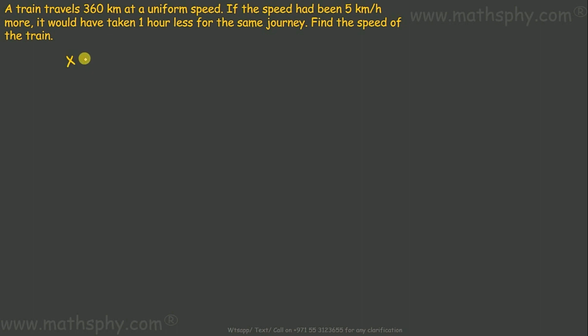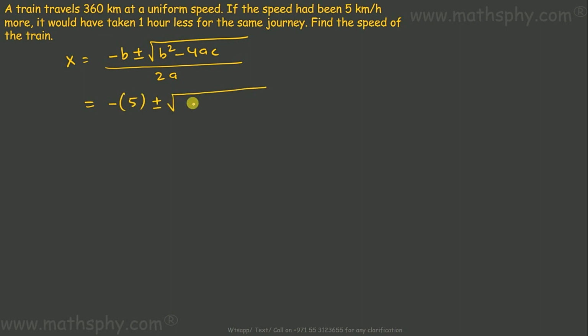So x would be minus b, which is 5, plus minus root b square, which means 5 square, minus 4 into a, which is 1, c is negative 1800, over 2a, which means 2.